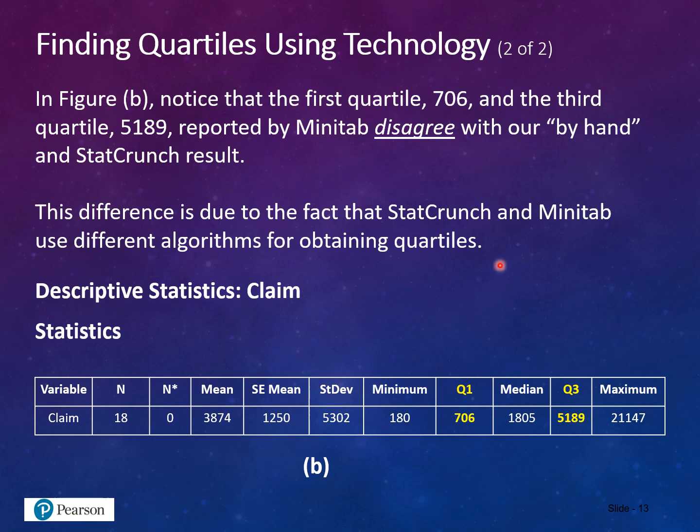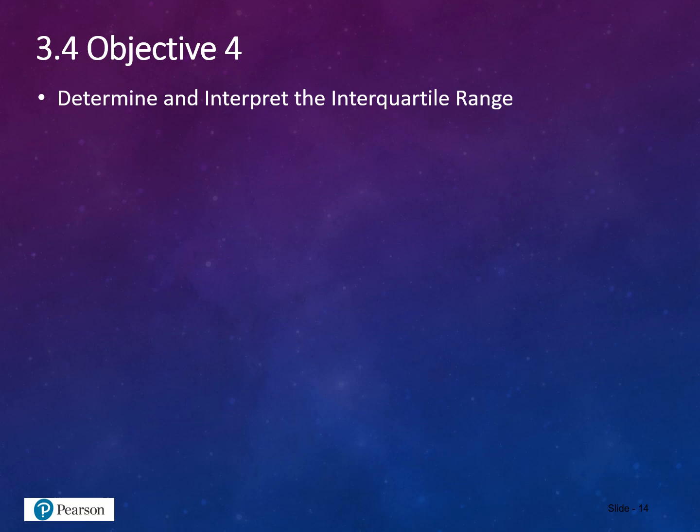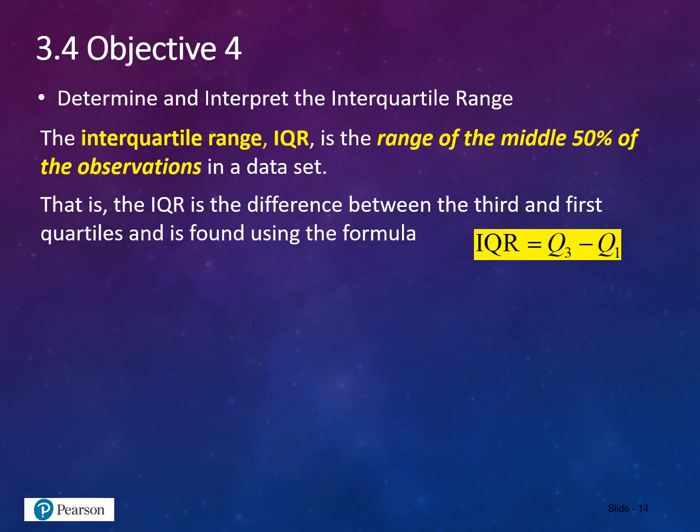And the difference here is due to the fact that StatCrunch and Minitab use different algorithms for obtaining the quartiles. So this to me again leads us to focus on one instrument, StatCrunch, which is matching our hand calculation. So let's use that.